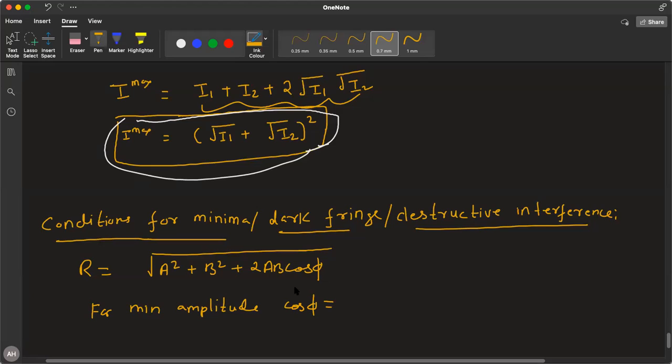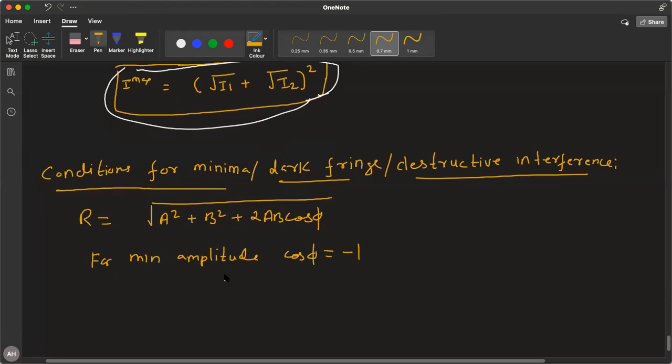Sania, what's the minimum value of cos phi? Abdullah, sir, -1. So for your minimum amplitude, your cos phi will be minus 1. The maximum value of cos is +1 and minimum value is -1.